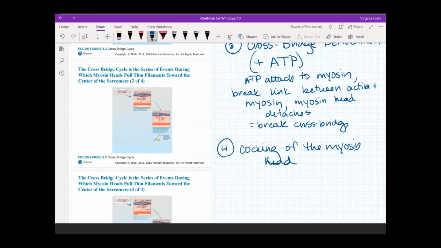So we cock the myosin head back. What will happen here is your ATP will hydrolyze, and it will go from ATP to ADP plus that phosphate. So we'll have our ATP hydrolyzed to adenosine diphosphate, and we will move our myosin head back to normal.